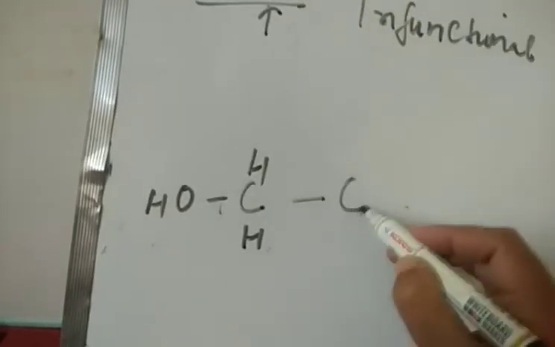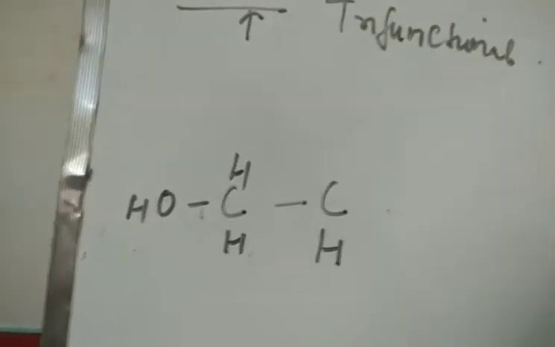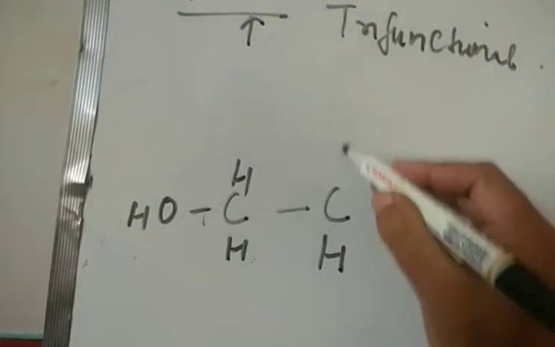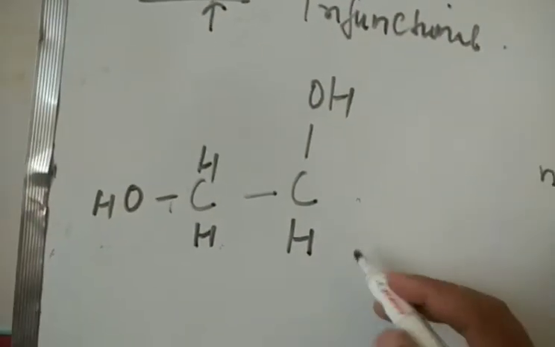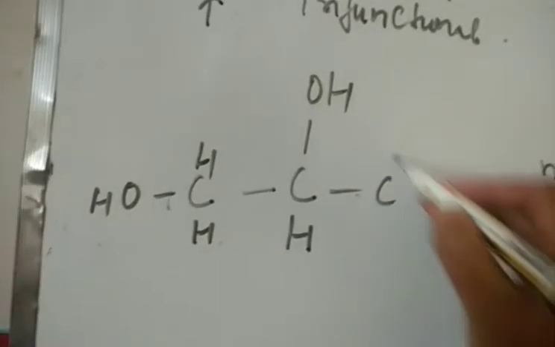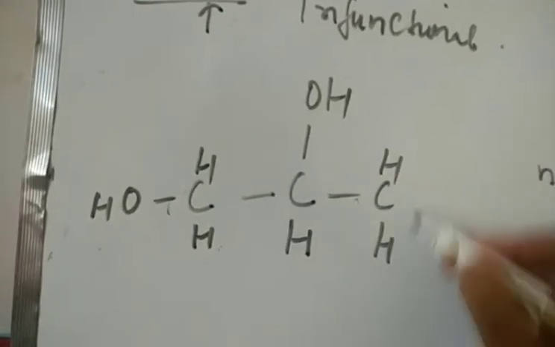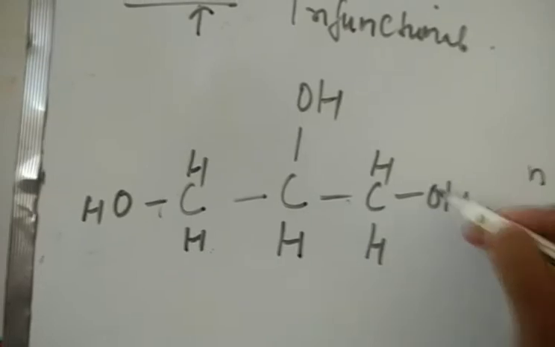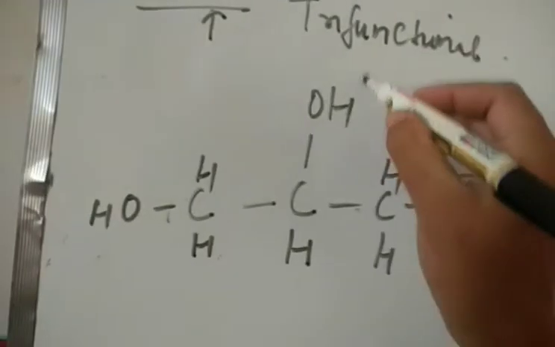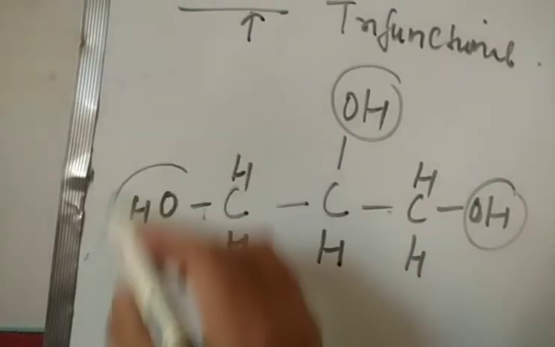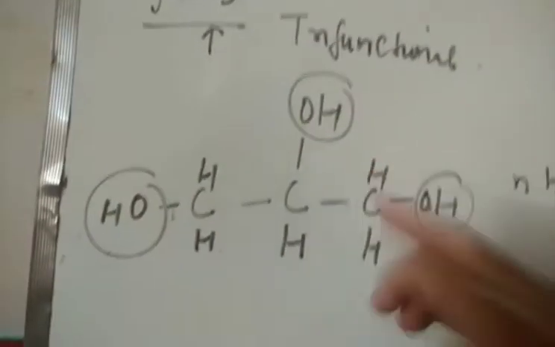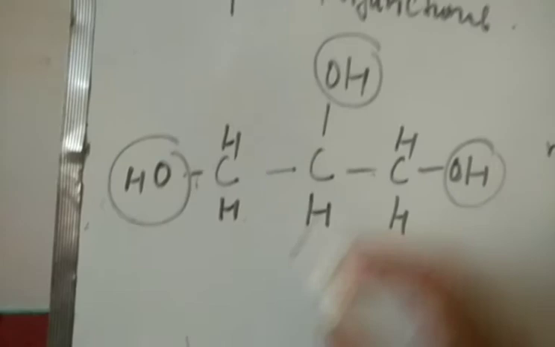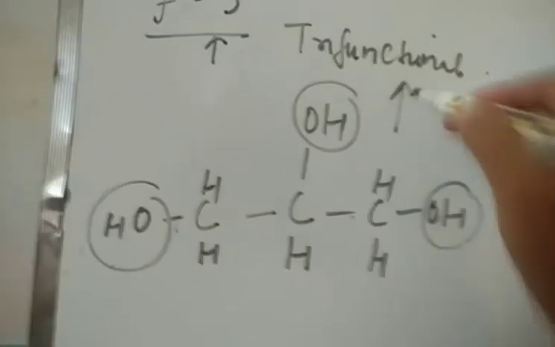Then we have a CH here, and this CH has OH here, and then we have one more CH2 with OH here. So you can see it has 3 OH groups, a trihydroxy compound, so it can participate in the polymerization via these 3 sites. Its functionality is said to be 3, so it's a trifunctional monomer.